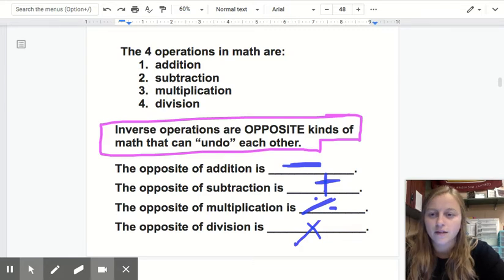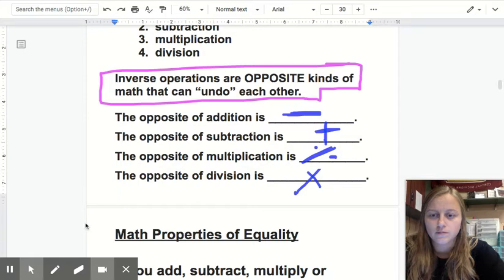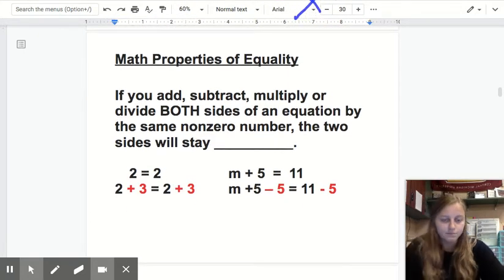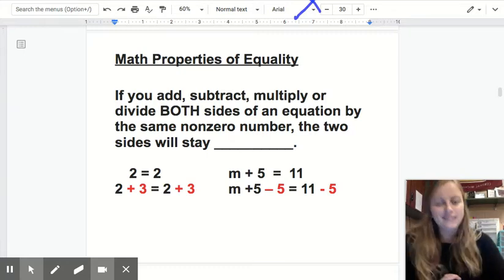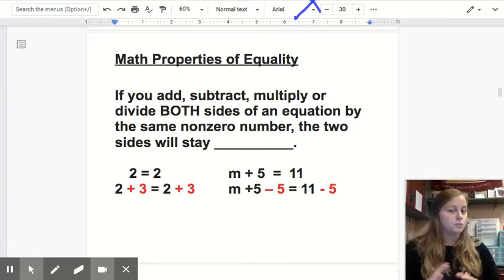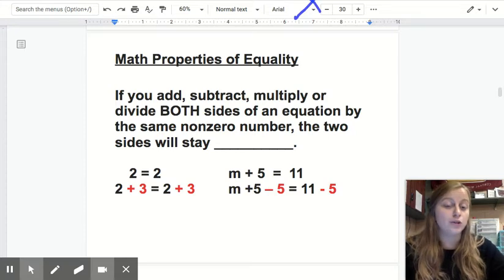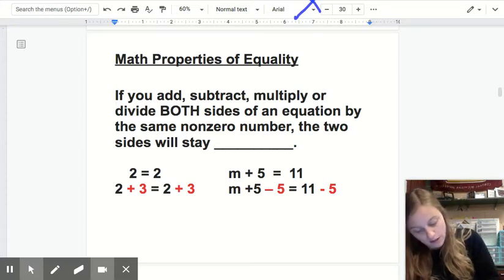All right. Now we're going to talk about what the math properties of equality say. This says that if you add, subtract, multiply, or divide, if you do any type of math on both sides by the same number, the 2 sides will stay equal.